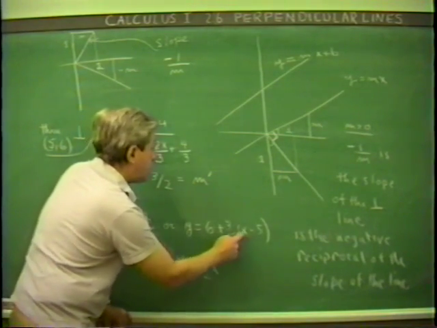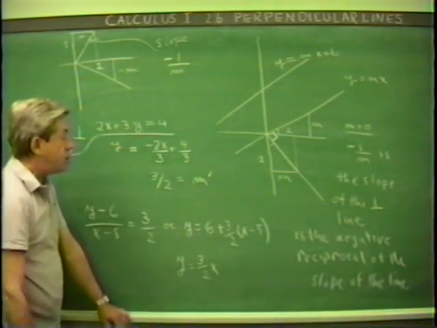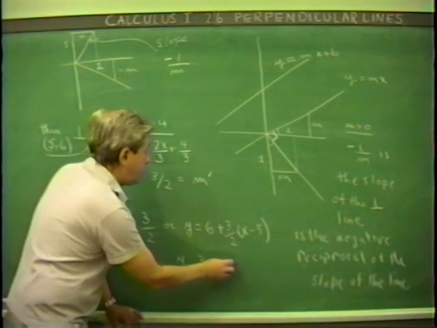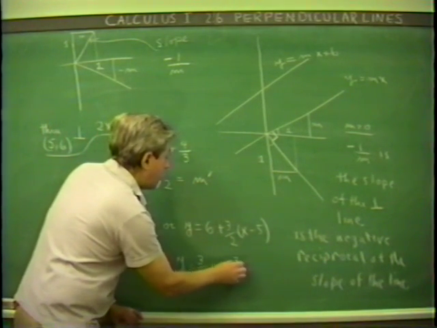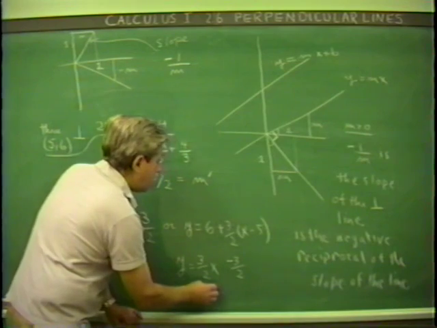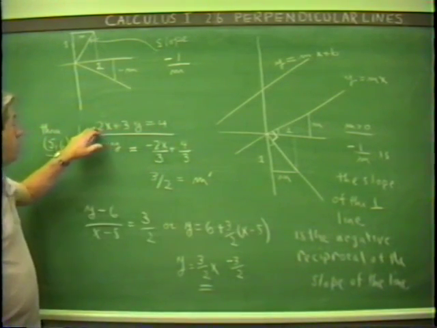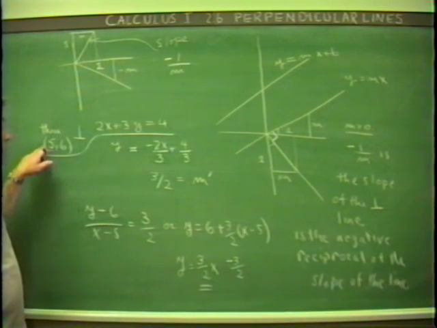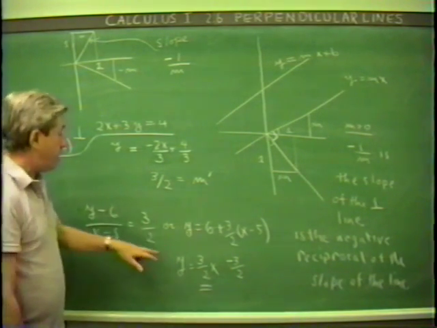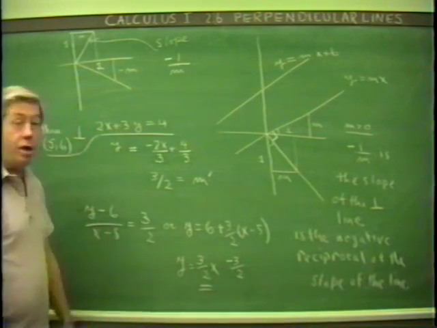What do we have here? 6 minus 15/2. That's 12/2 minus 15/2, which is minus 3/2. The slope of this line here is 3/2, as it should be. It is perpendicular to this given line, and it goes through the point 5, 6. We could check that by putting 5 here for x and making sure that we get 6 for y.